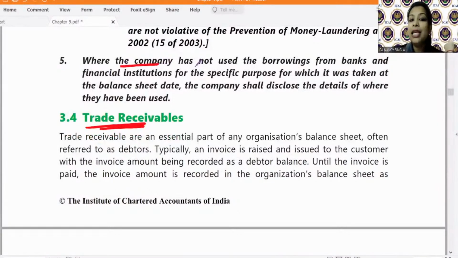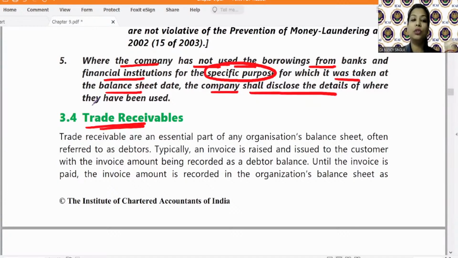So where the company has not used the borrowings from the banks or financial institution for the specific purpose for which it was taken, as at the balance sheet date, the company shall disclose the details of where they have been used.